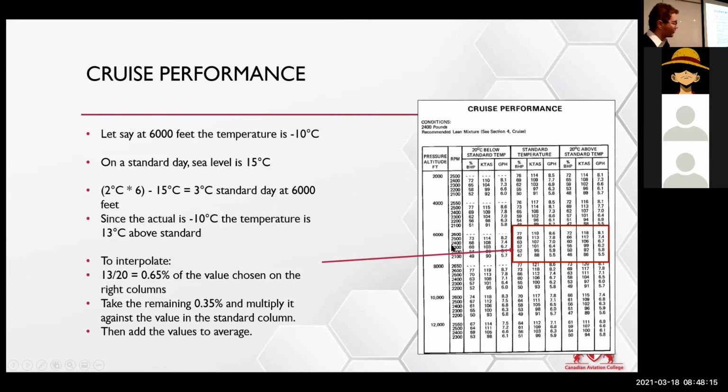Let's say I want 2,400 RPM. I go here. That's going to be 63 brake horsepower, and then at a speed of 107 and 7 gallons per hour.